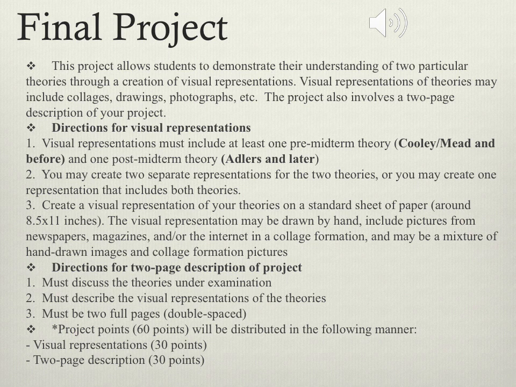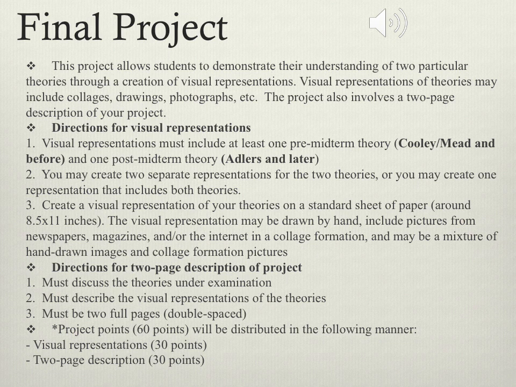It's going to be a little bit different doing this virtually compared to in class. If we did this in class, I would have you put your sheet of paper on the overhead projector and we would look at it as you talked about it.